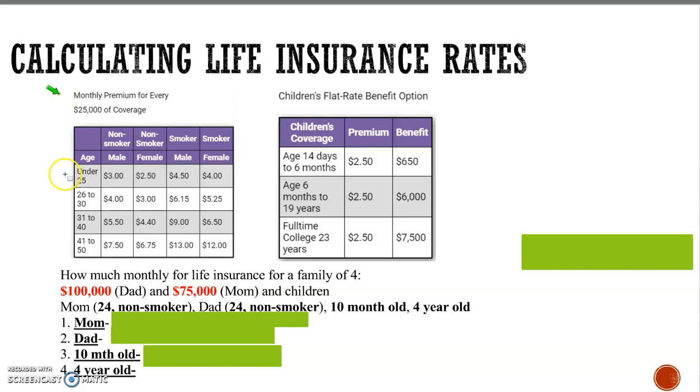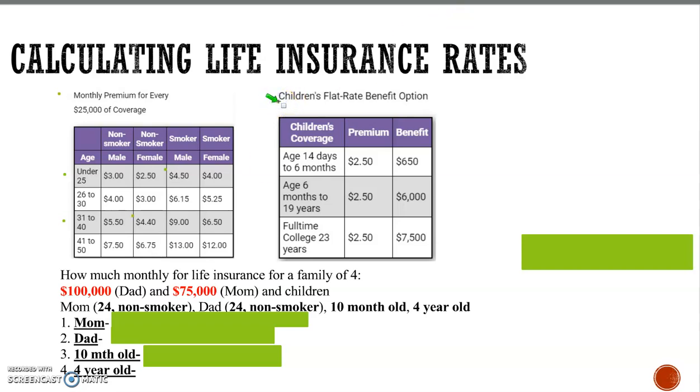So if you're under 25 years old and you're a male, but you smoke, that means it'll be $4.50 for every $25,000 of coverage that you're going to get. Let's say you're 35 years old and you're a female that does not smoke, that means you will pay $4.40 for every $25,000 of coverage.